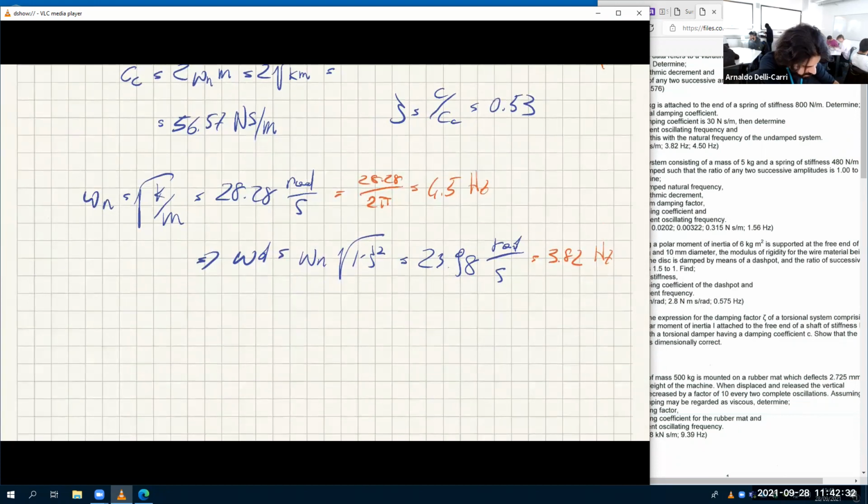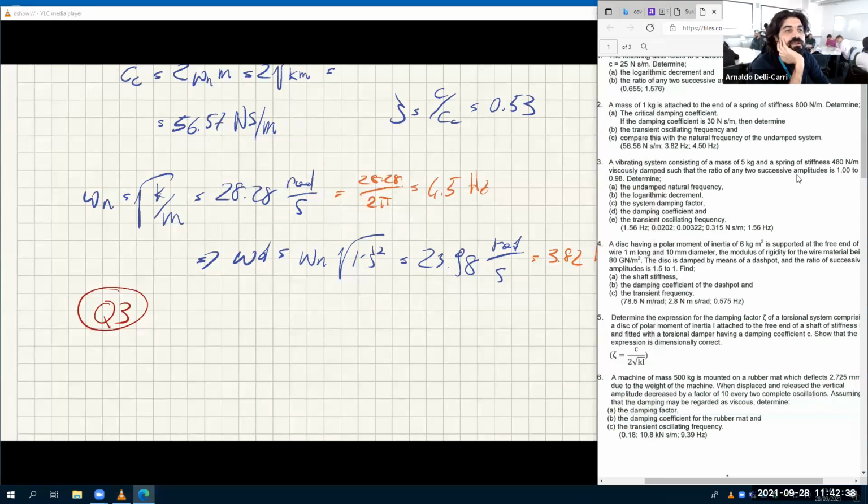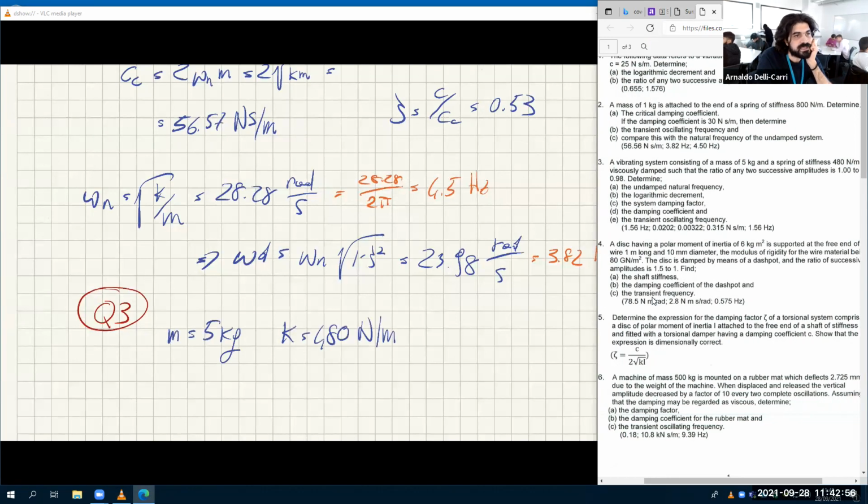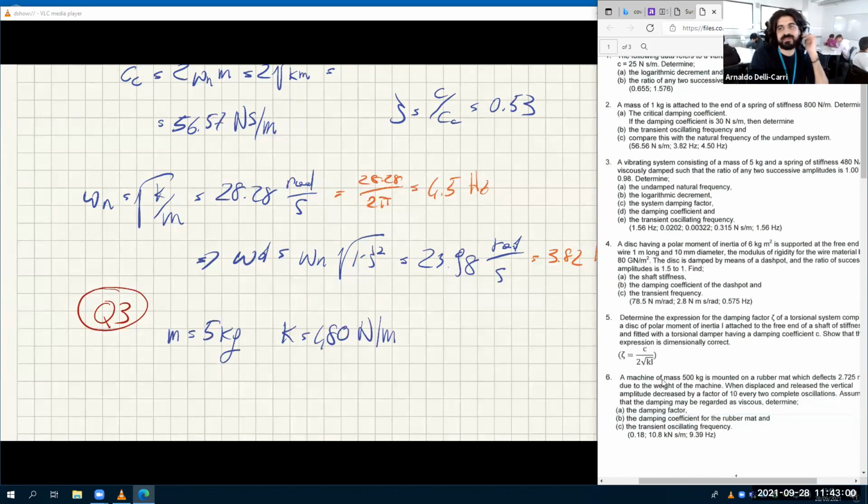Okay, question 3. Now, you help me out because I got enough already. A vibrating system consists of a mass of 5 kilograms and a spring stiffness of 480 newtons per meter, and it's viscously damped such that the ratio of any two successive amplitudes is 1 to 0.98.